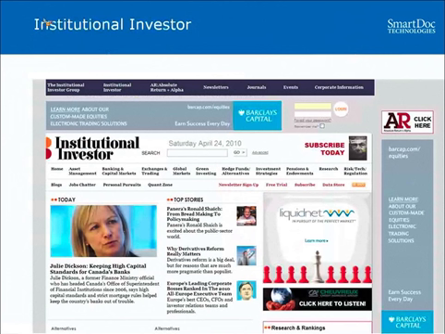Institutional investor is really and has been one of the foremost financial publishers for the past 5 decades. They've won various awards. If you follow the financial market, you'll know that their surveys are very influential. Their analysis is very influential. They publish various magazines and journals on finance.